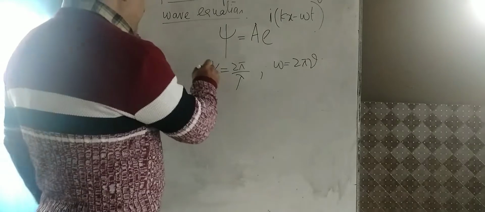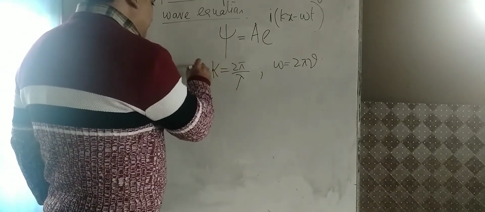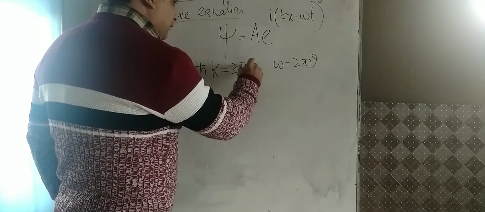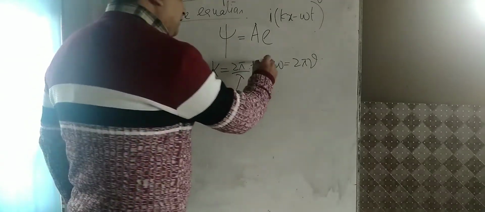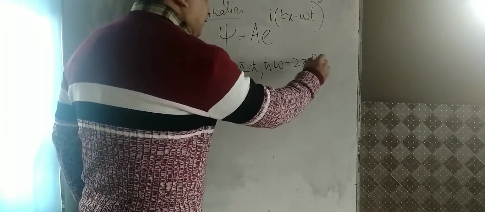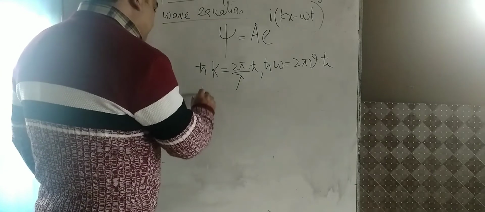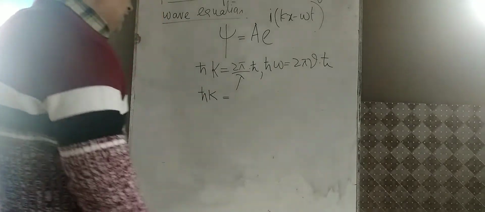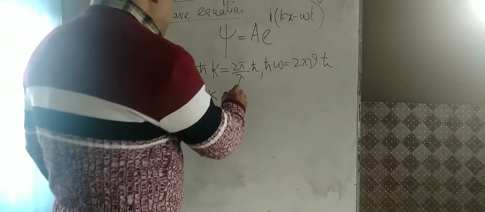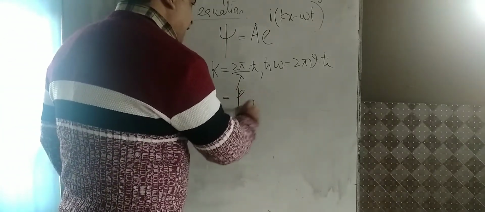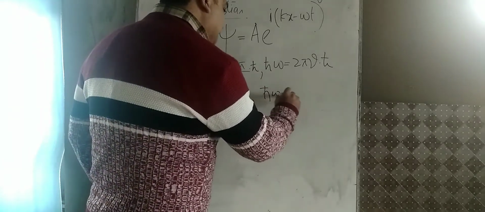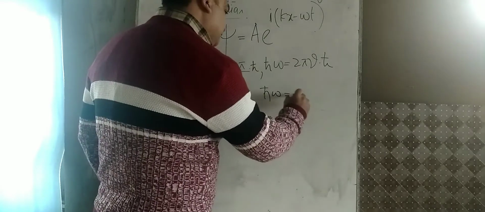Now if I multiply this with h bar, and multiply this also with h bar, you have seen that h bar k is nothing but the momentum, and h bar omega is energy.